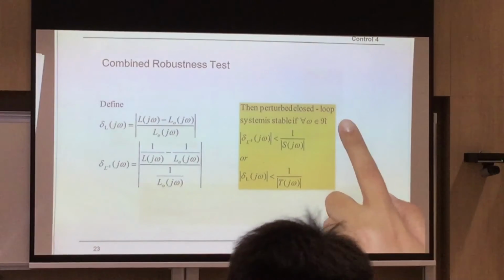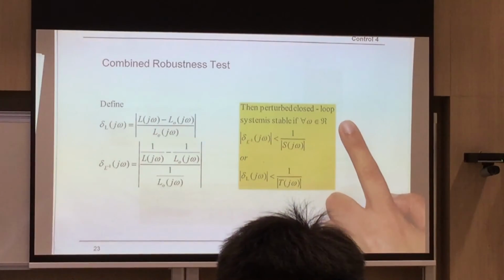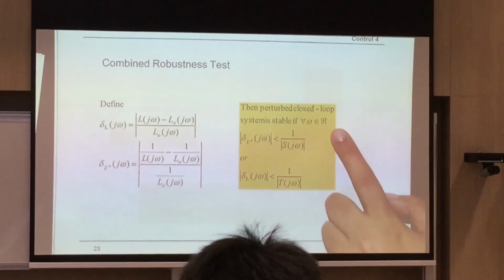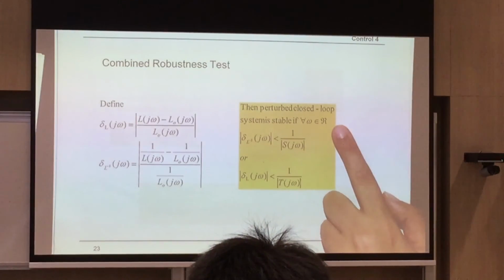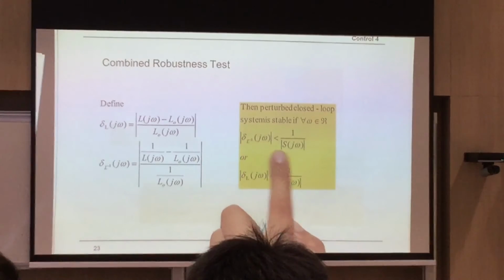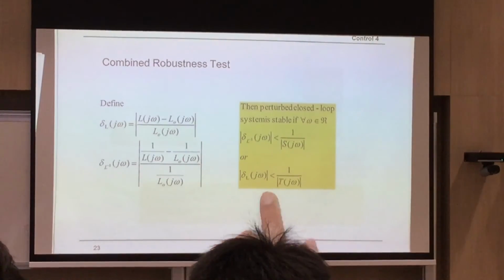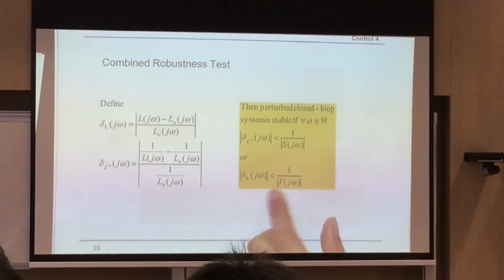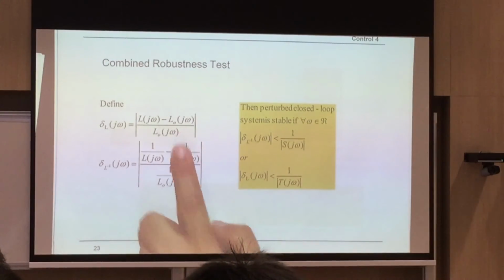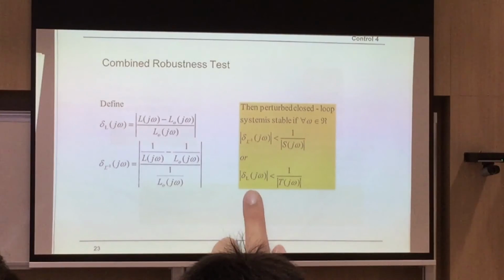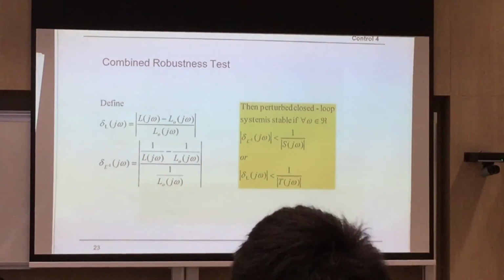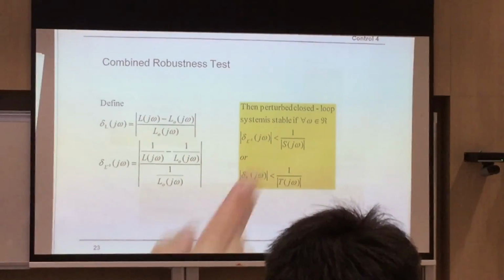And we say that the perturbed closed loop system is stable for all frequencies ω being a real number, if you have this or this. This is still Doyle's stability criterion. It's just that we are rewriting the left-hand side as ΔL inverse. No difference. This is just this.